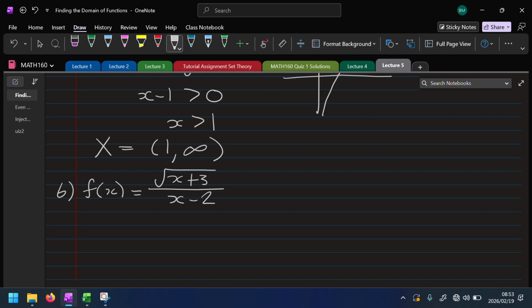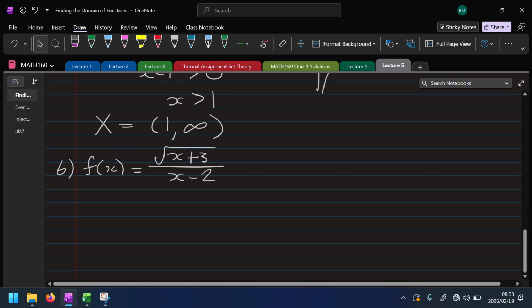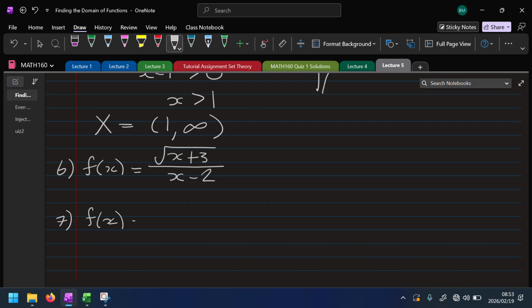So 2 things to consider for number 6. Number 7, we have the root of x squared minus 2x minus 8. Here we have a root, so this inside part cannot be negative. So just keep that in mind.